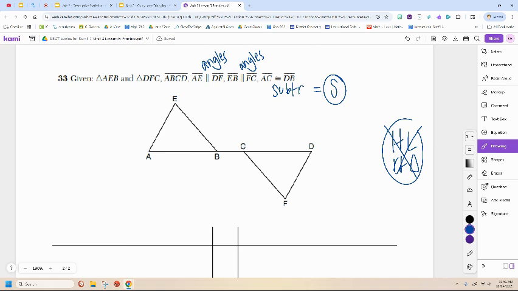One, right? Even though AE looks like it's equal to DF, can I mark those? No, you cannot make assumptions. So we're probably going to be doing something like angle, angle, side, or angle, side, angle.